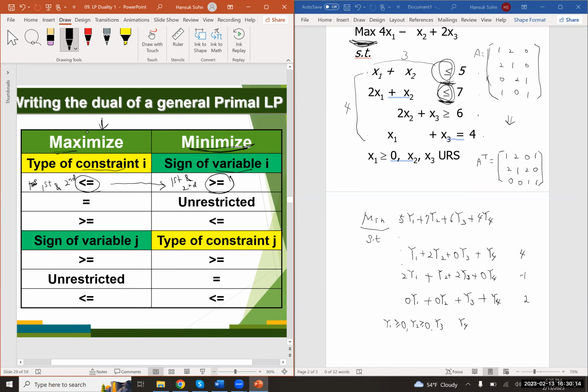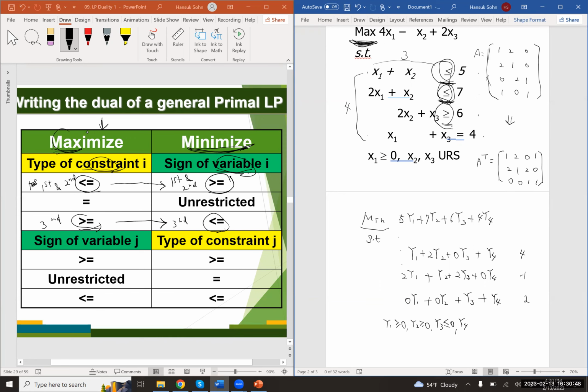Okay, and in the maximization problem, we know that the third constraint has greater than equal sign, right? So in the maximization problem, third constraint has greater than equal sign. This implies that in the minimization problem, the third decision variable has less than equal sign, okay, like this.